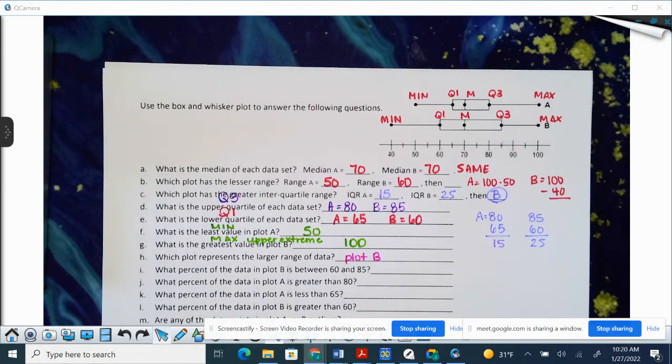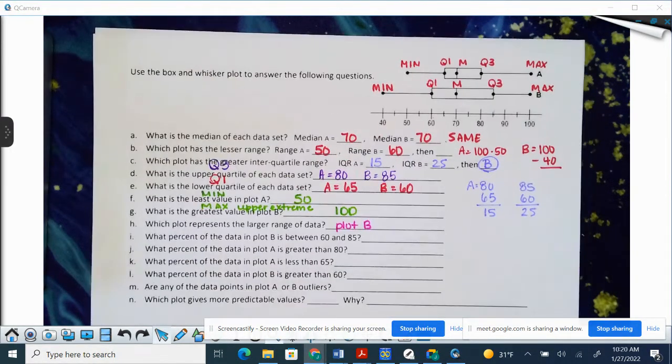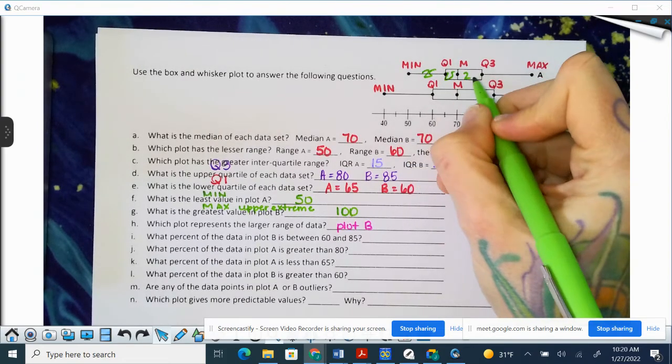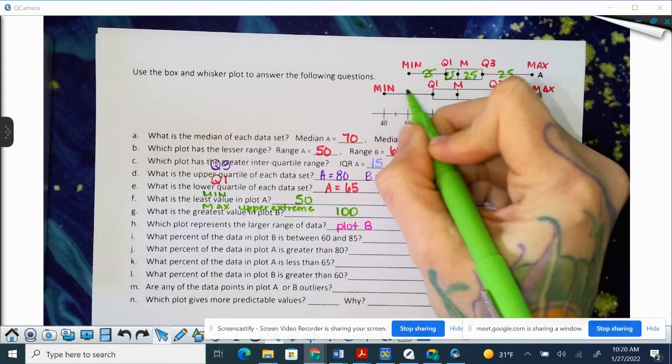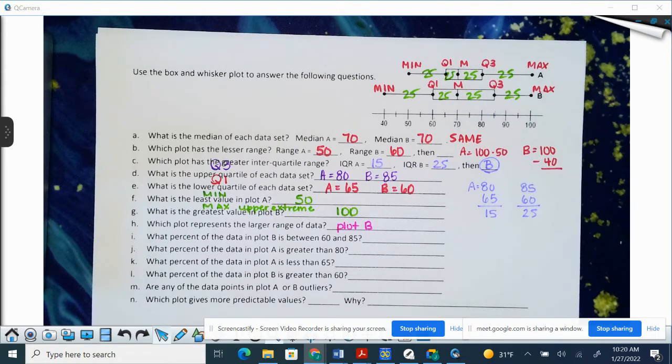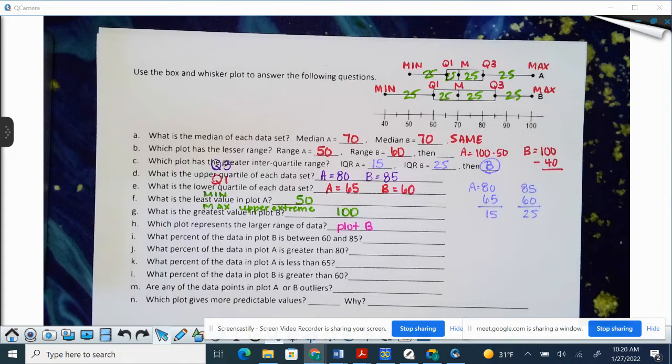Now, percent of data. This is the one I want to make sure of. Even though they look very different, between Q1 and median is 25% of your data always. Between median and Q3 is 25%. Q3 to max is 25% of your data, and Q1 to min is 25% of your data.